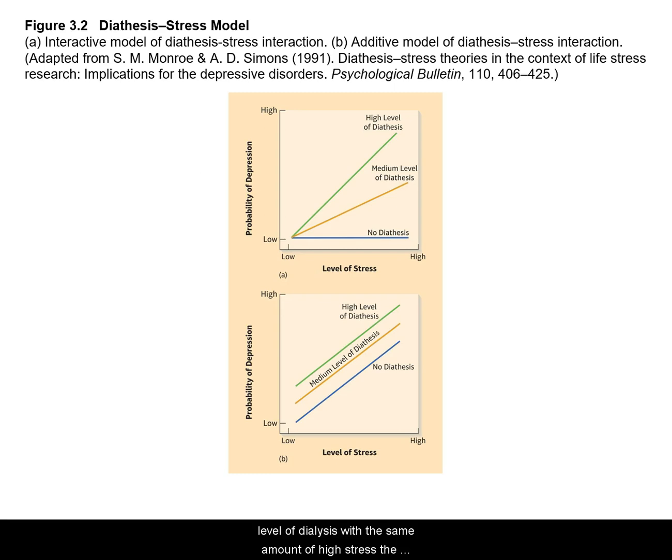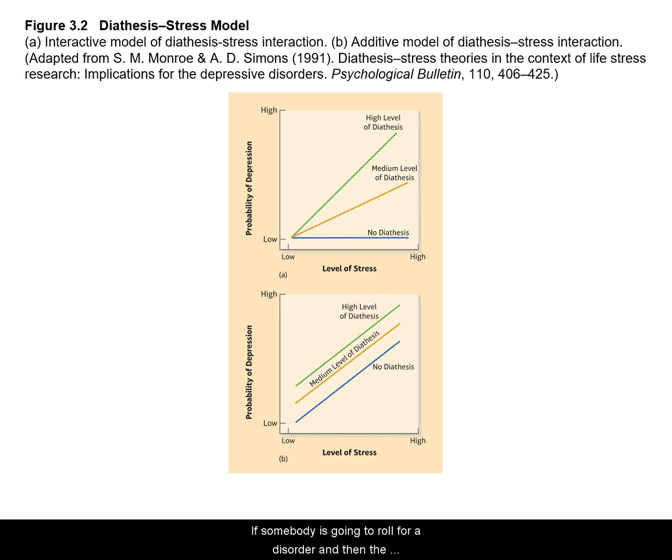If there's a medium level of diathesis with the same amount of high stress, the probability of depression is about 50%. And then again, with the same high level of stress, the probability of depression is very low or nothing if there is no diathesis. Remember, the diathesis is the vulnerability.